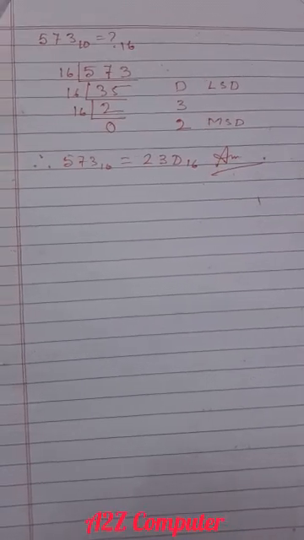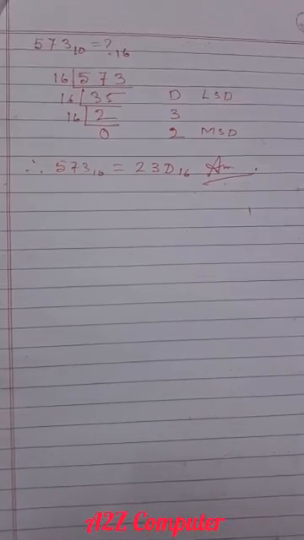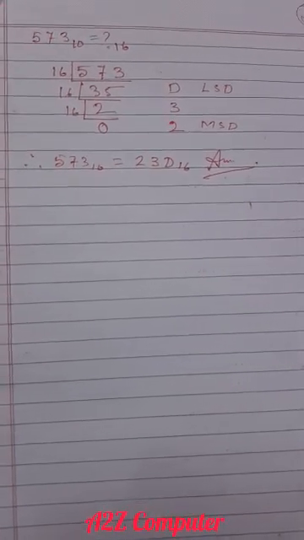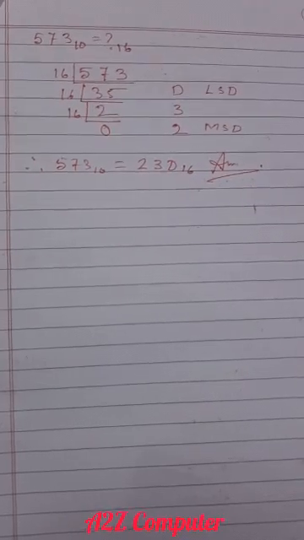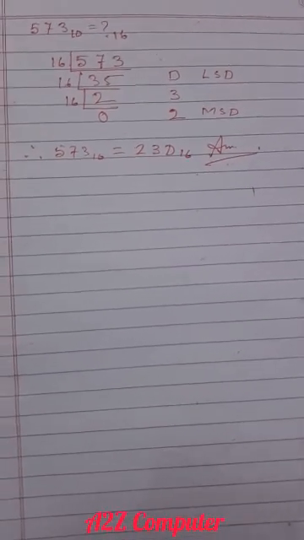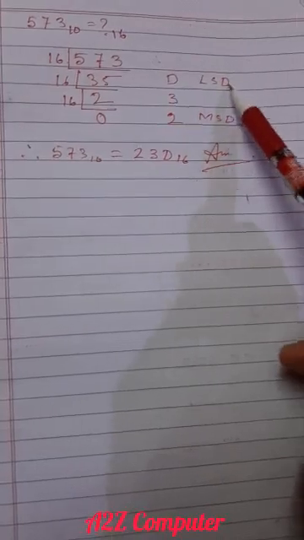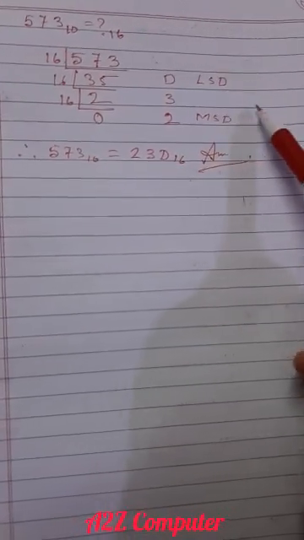From decimal to octal, we divide by 8. And from decimal to hexadecimal, we divide by 16. And the answer will be the combination of the remainder values.